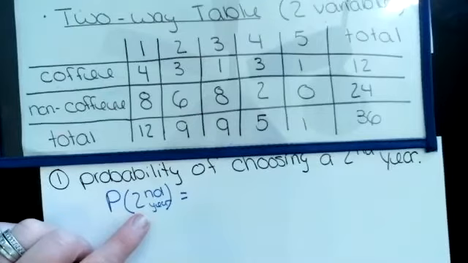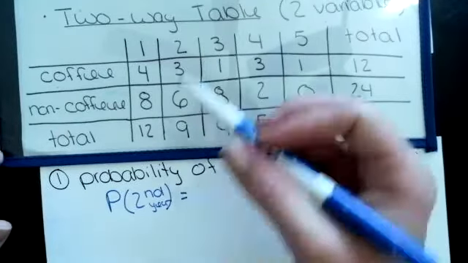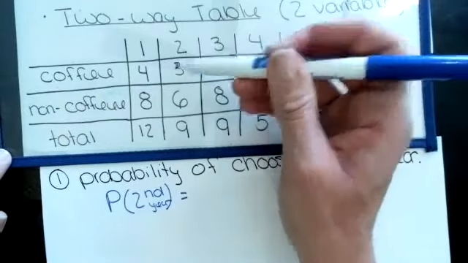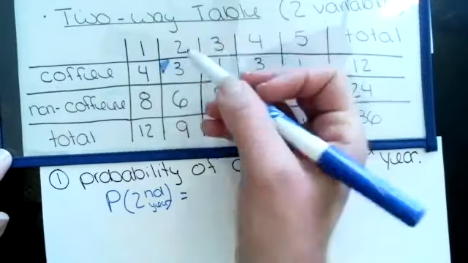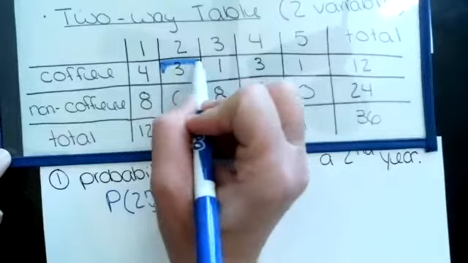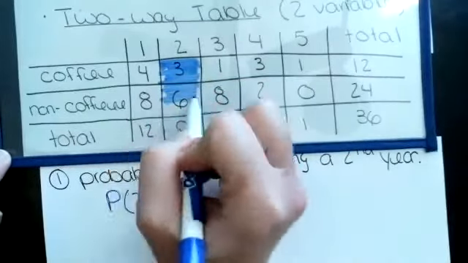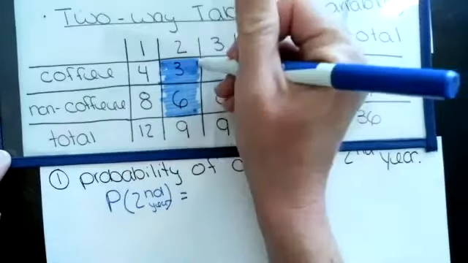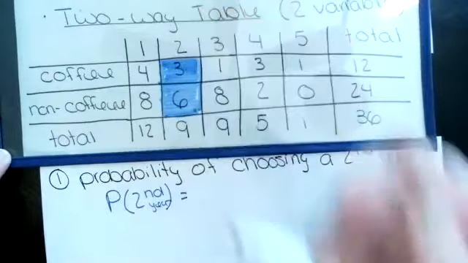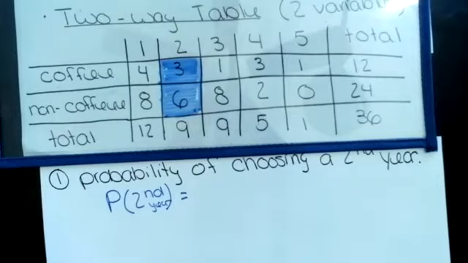So the event here is second year. So I'm going to shade my table in here where it says second year.